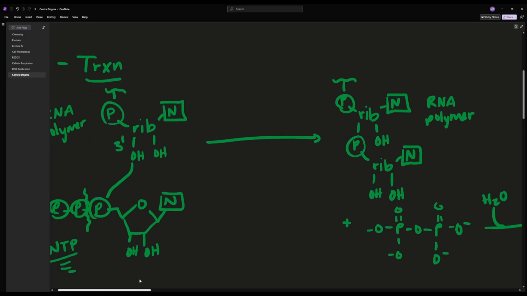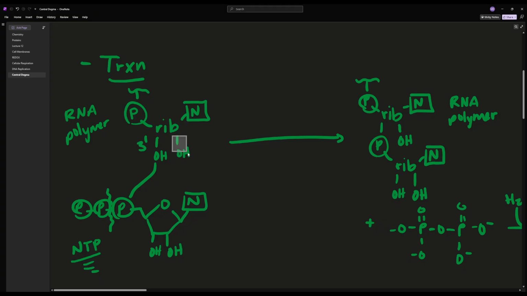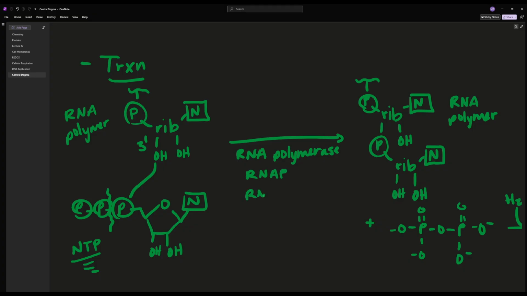Remember, the key difference is that we're now doing RNA. And because we're polymerizing RNA and not DNA, this should not be a DNA polymerase that catalyzes this reaction, but instead should be an RNA polymerase, otherwise known as RNA pol, RNAP, etc. So this is our basic reaction.